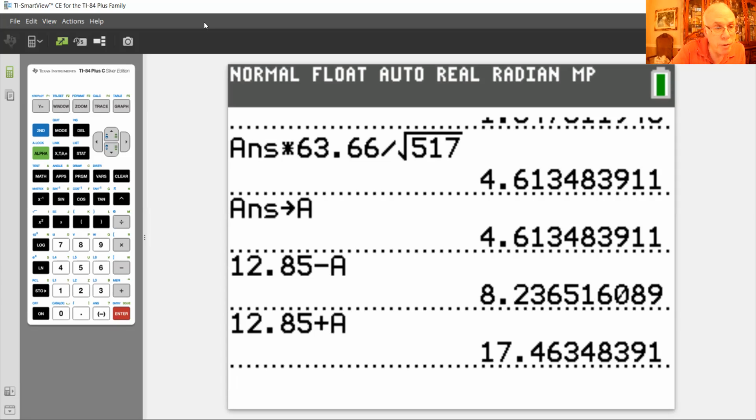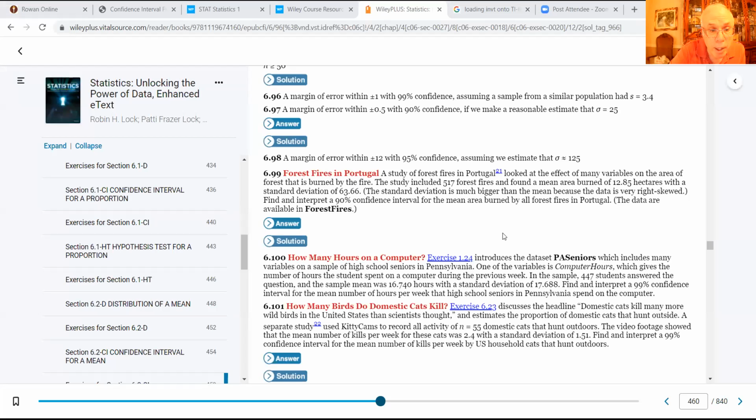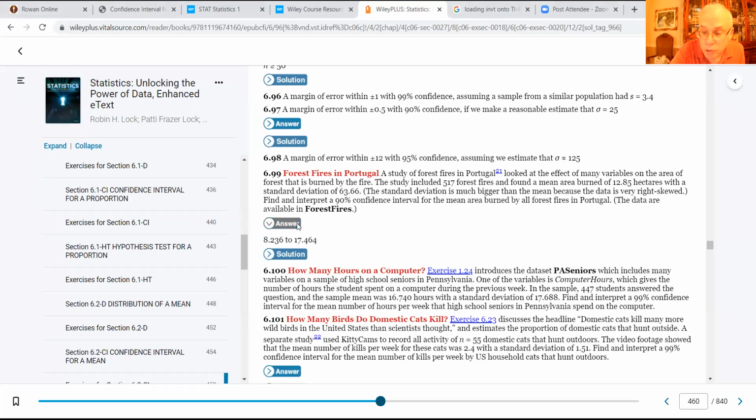Okay. That's how we do it. And don't be fooled by the word problem. The word problem is giving us the same data as the others that we were doing. Okay, and if we show the answer, there it is. Now it's slightly different than what I'm showing you, but probably because of rounding.